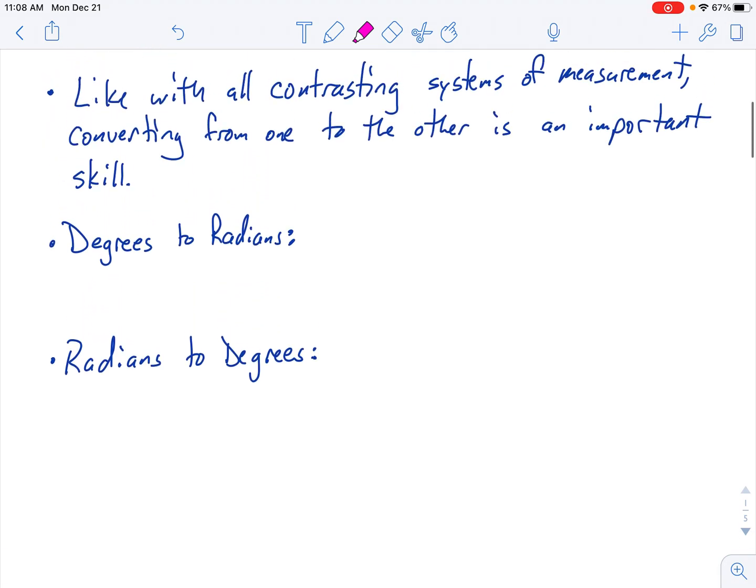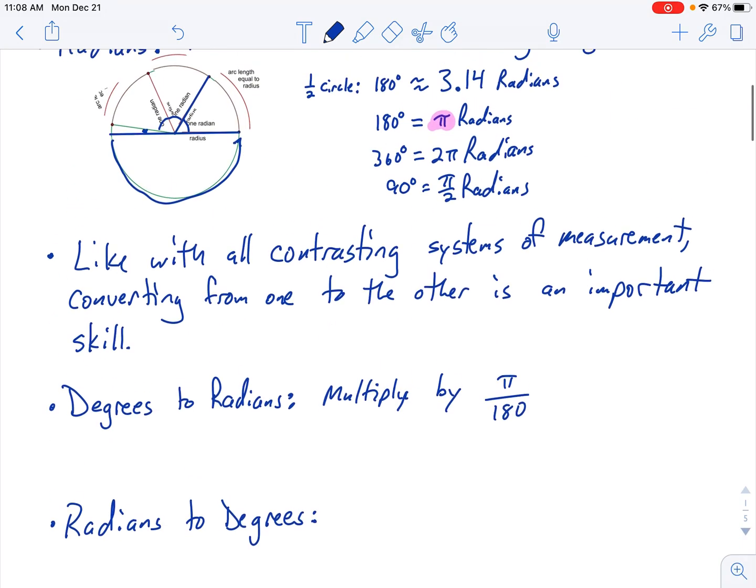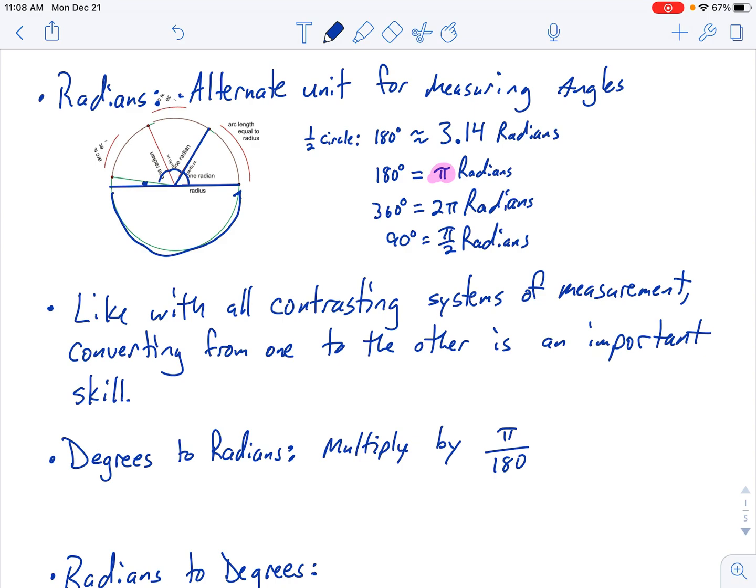And there's 2 simple rules. To convert degrees to radians, you simply multiply your angle by pi over 180. So here, if 180 degrees equals pi radians, divide both sides by pi, you get a conversion factor of 180 over pi.